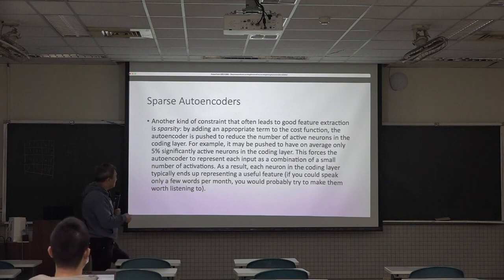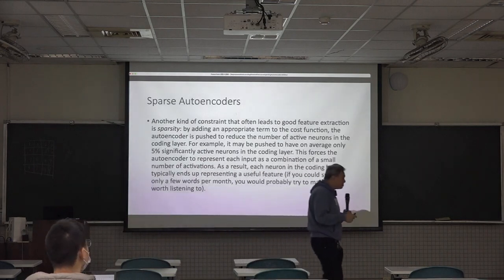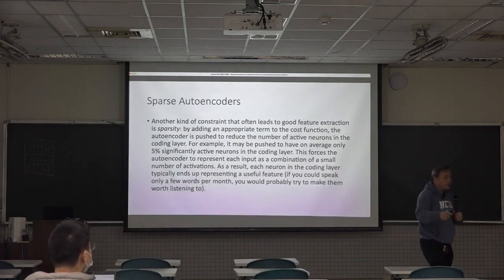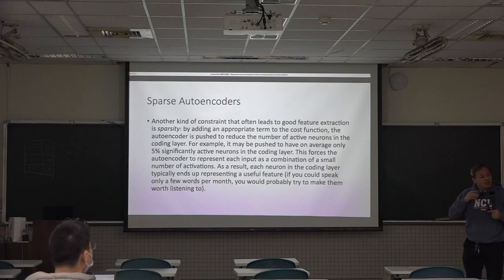So you may ask, why does this become a good feature extraction? If I give an example, if I put a restriction on you, saying you can only speak a few words per month, then you would probably just say some very meaningful words, right?